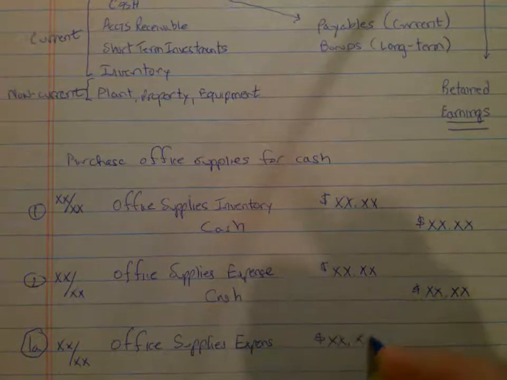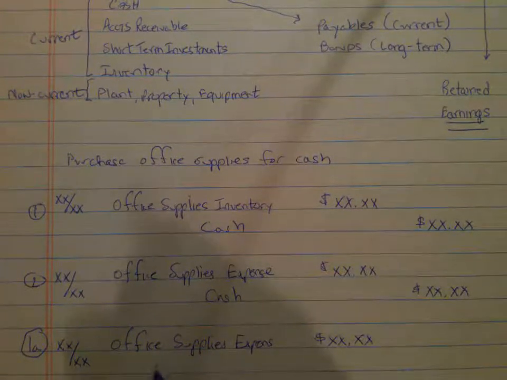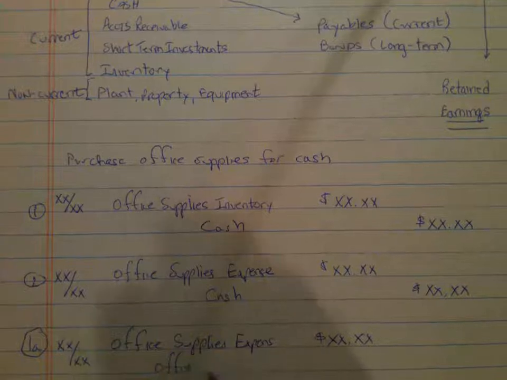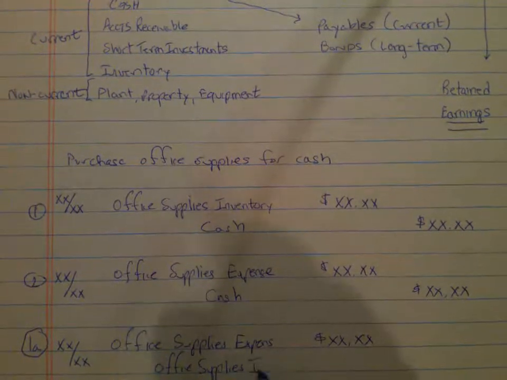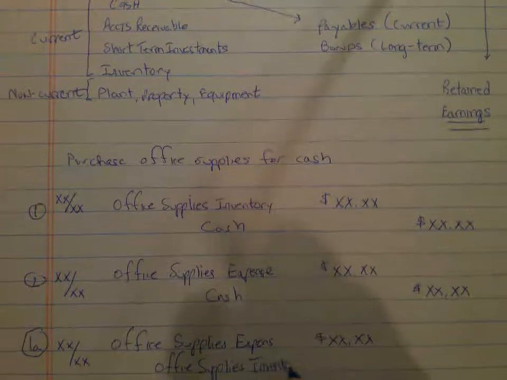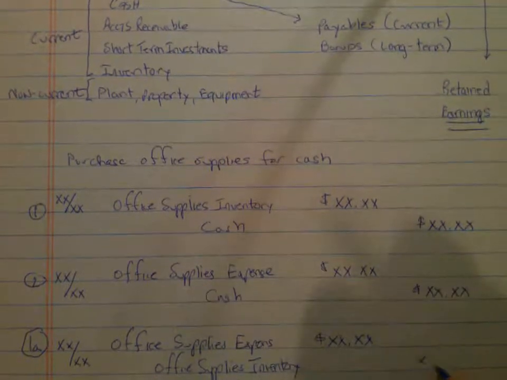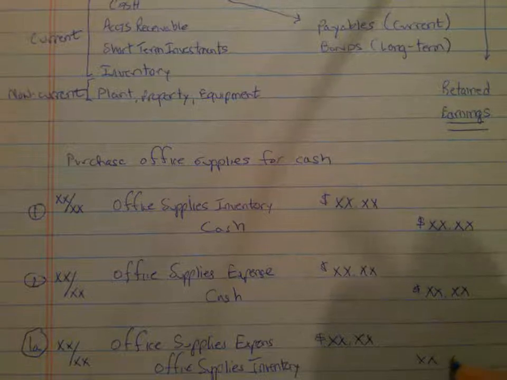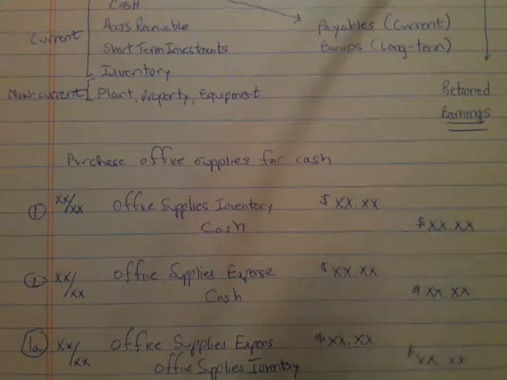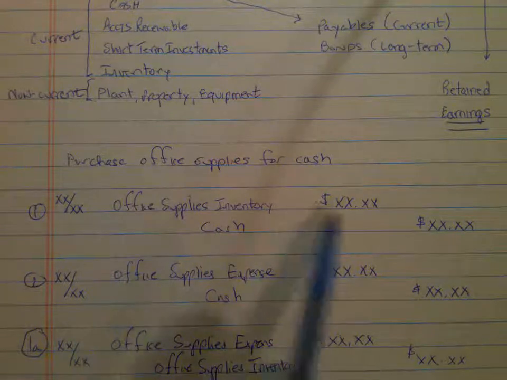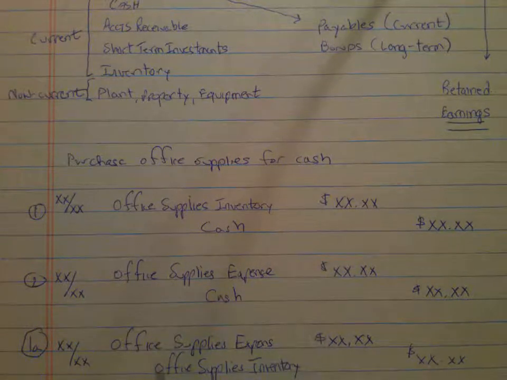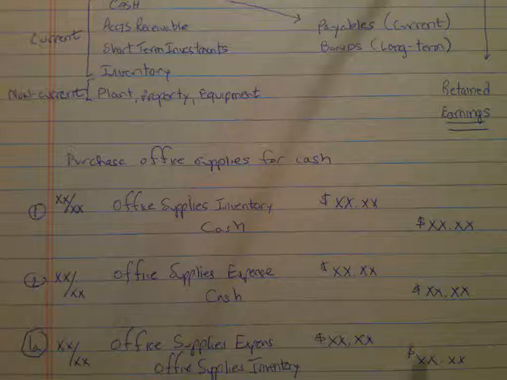And debit that account. And then credit office supplies inventory. And so what happens is we've got a certain amount that we put in inventory, and then we have an offsetting amount that we took out of inventory and used up.